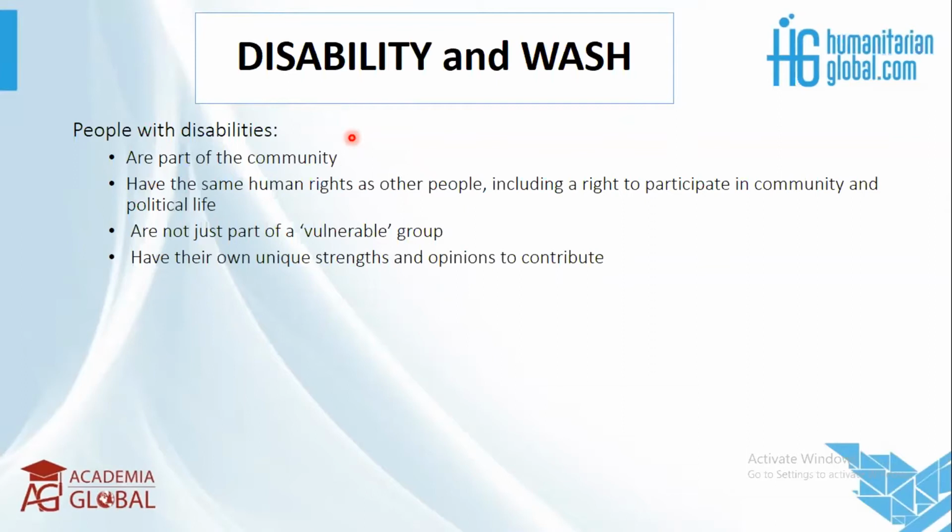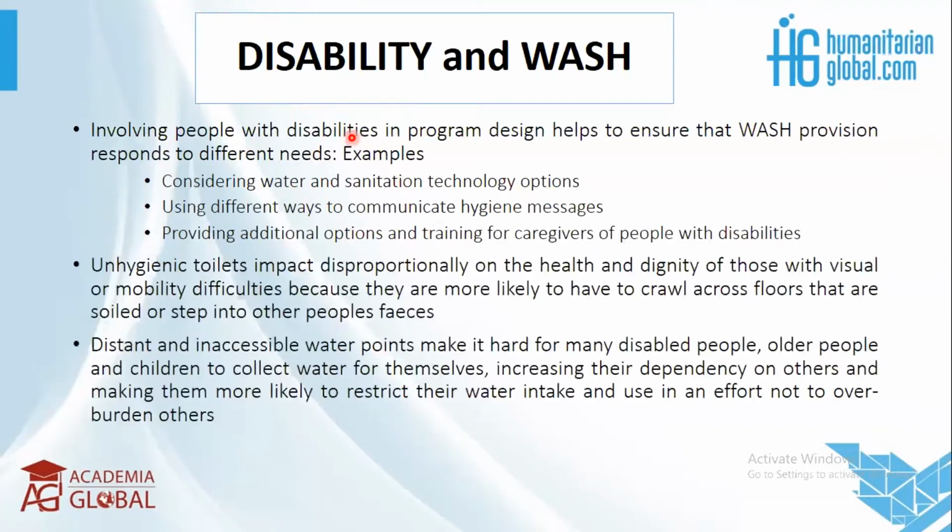You'd find most of the time, even in programs, that people with a disability are unlikely to form part of a committee, for example, because people may have a perception that they do not have a voice or an opinion to contribute, but actually they have their own unique strengths, and as I've said, they are part of every community. Involving people with disabilities in program designs helps you to ensure that WASH provision responds to the different needs.